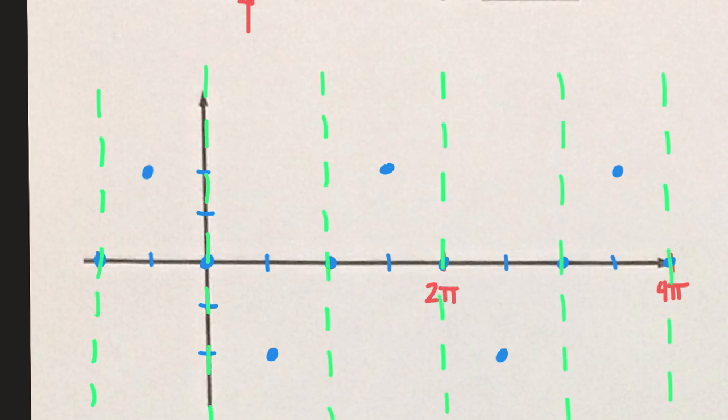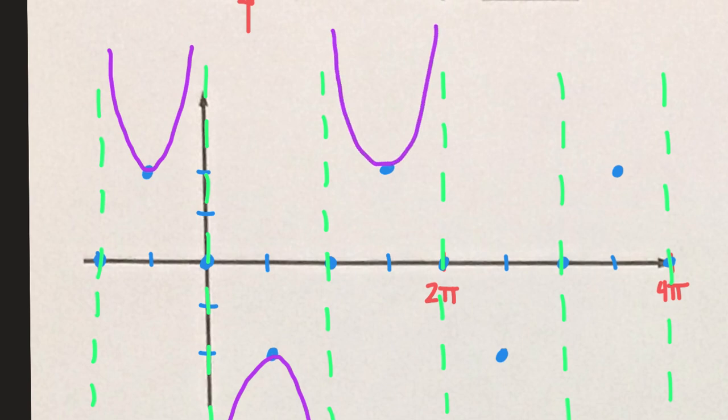Once you have all of your asymptotes in there, everywhere you have a maximum dot, you put an upward facing parabola, and everywhere you have a minimum dot, you have a downward facing parabola. They're not really parabolas, they're just helping us graph these with something that we've already done. So that is the graph of -2 cosecant of x.